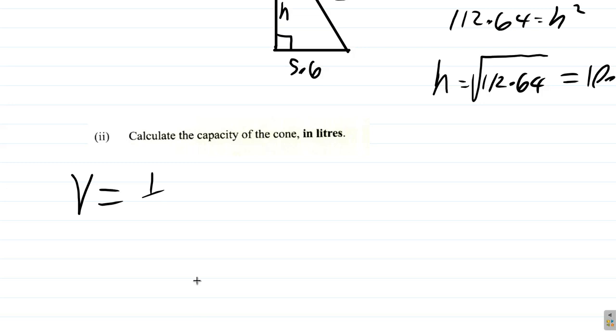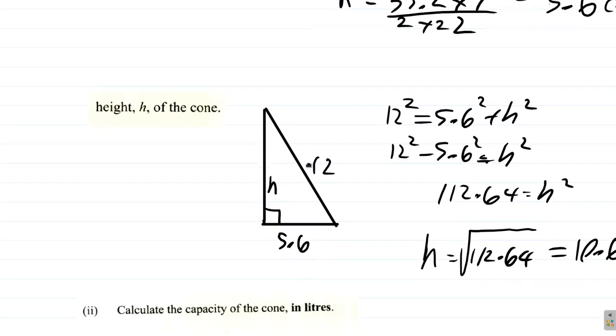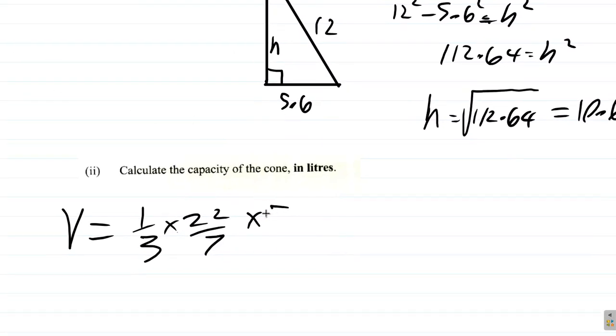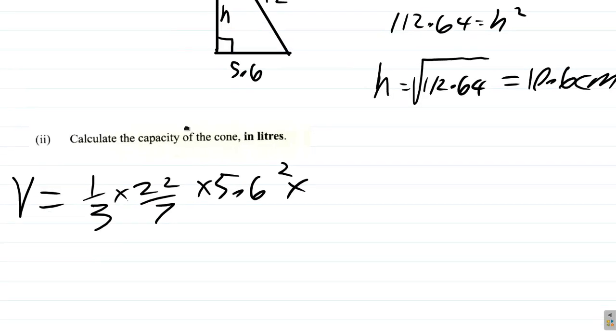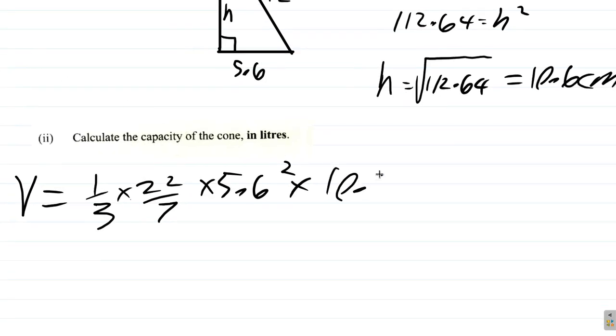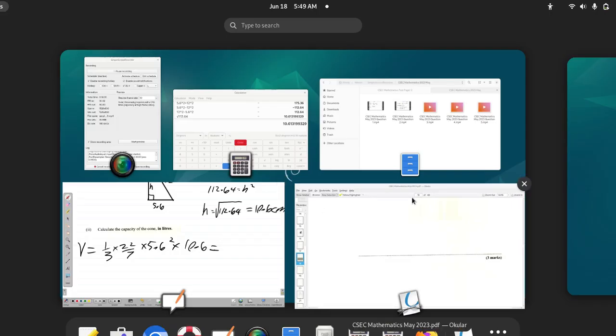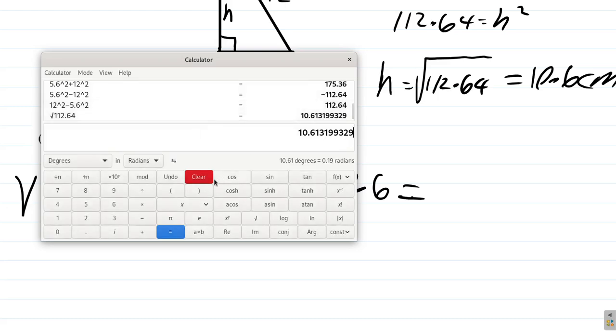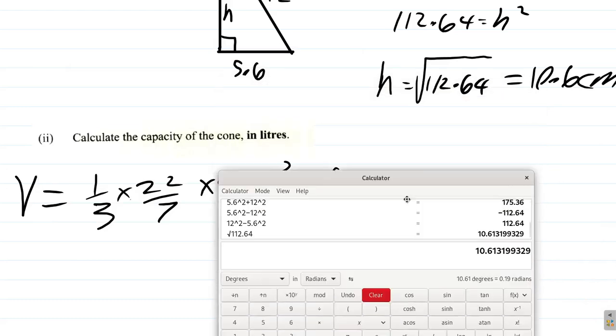It is 1/3 times pi, which is 22/7, which they say you should use, times r squared, which is 5.6 squared, times the vertical height of 10.6 equals, let us get that with our calculator. Alright, we have the 10.6 already.